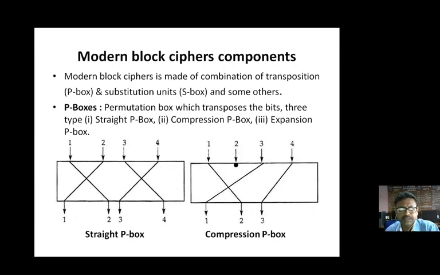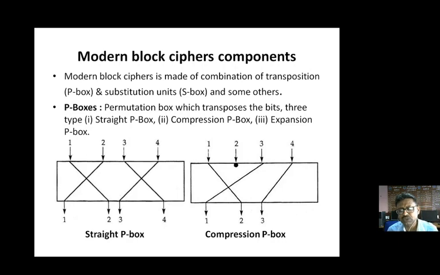Now the third one is the expansion P-box. The purpose of this expansion P-box is to increase the number of bits in the output, meaning the expansion P-box is a counterpart of the compression P-box. In the compression P-box, the number of bits in the input is more than in the output. But in the expansion P-box, the number of inputs is less and the number of outputs is more.